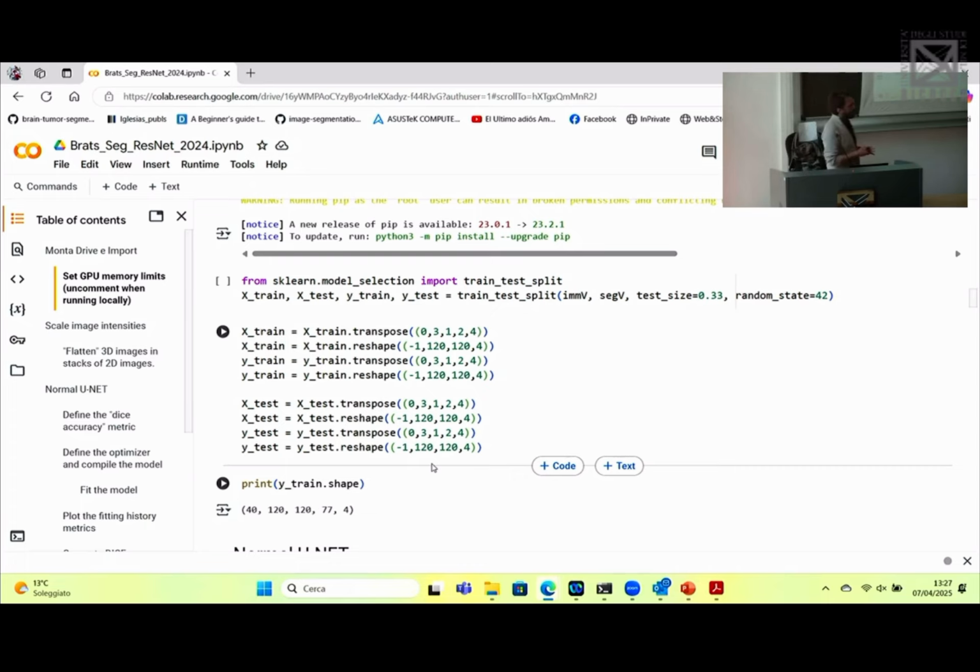Something you need to really take care of when doing the data splitting is to first split the data set according to the patient label, and then reshape into the volumes. Because if you first stack all the volumes as a stack of slices, and then do the random splitting, you get images from the same patient in both the training and the validation data set.